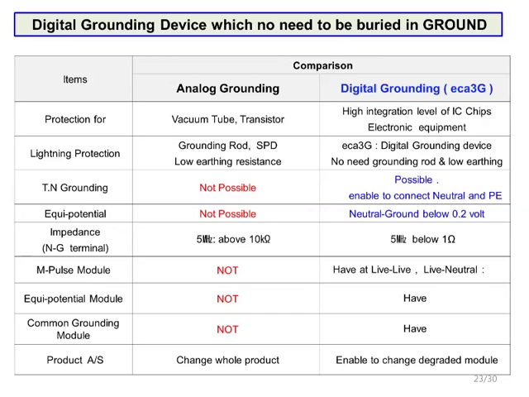Whereas nowadays, we are using now the digital equipment with very high integration level of IC chips into our electronic equipment. These two types, the analog and digital equipment, requires separate technology or different technology for protecting from surge.